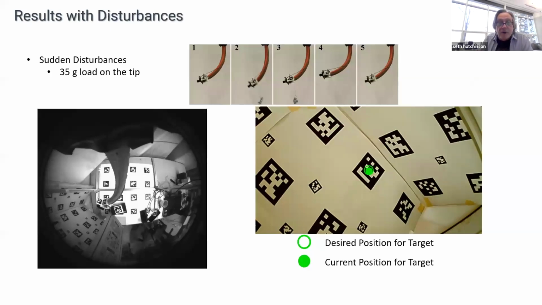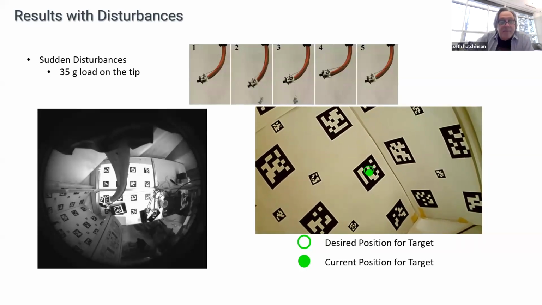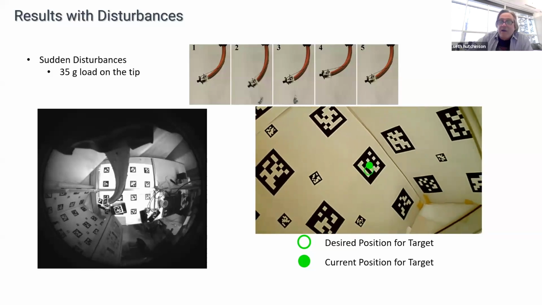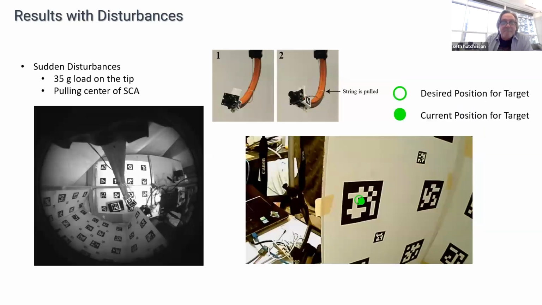You can also show that this is going to be robust to disturbance, right? It's a closed-loop controller. So there you saw my student Ali drop a weight on the robot, and you see that it recovers pretty quickly when the weight is removed or attached and converges to the goal position.